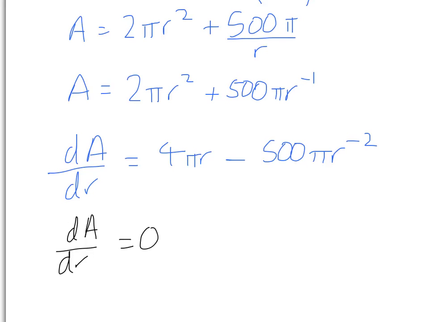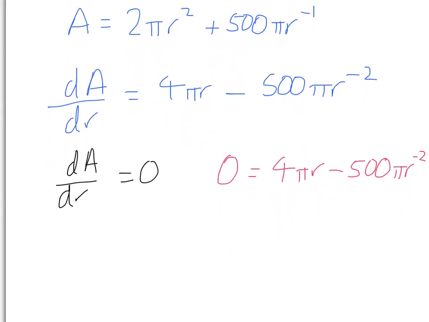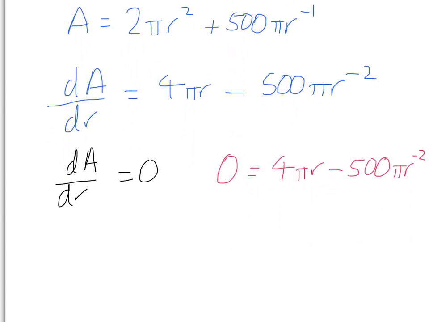So we're now going to do 0 equals 4 pi r minus 500 pi r to the power of minus 2. So we rearrange this a little bit, so we're going to have 500 pi r to the power of minus 2 equals 4 pi r. And if we divide through both sides by 4 pi, 500 divided by 4 is 125, and pi divided by pi will be 1.